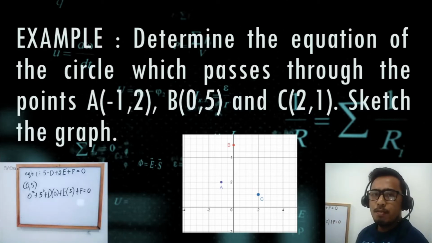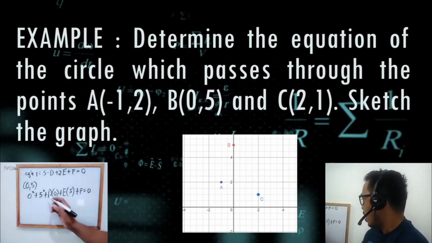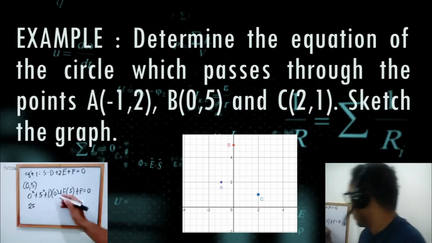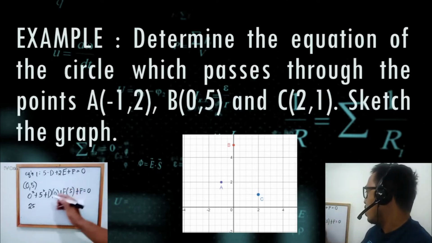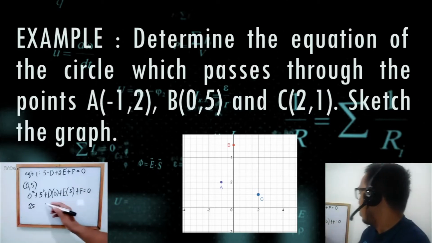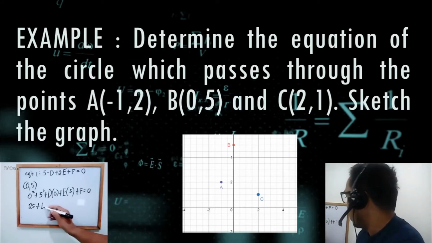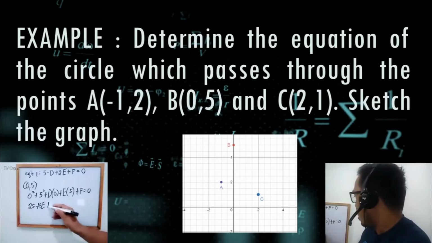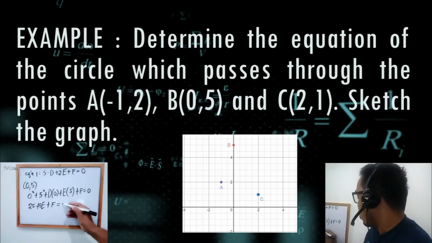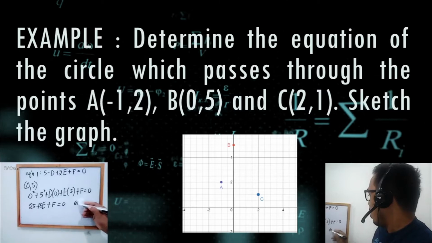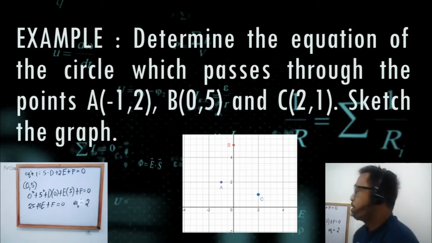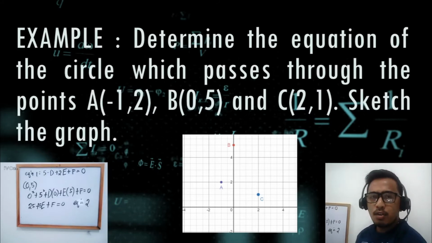Then we simplify it further, so you will have here 25, D will be 0, plus 5E plus F equal to 0. Then we name it as equation number 2. We will be using it later together with equation 1 and equation 3.